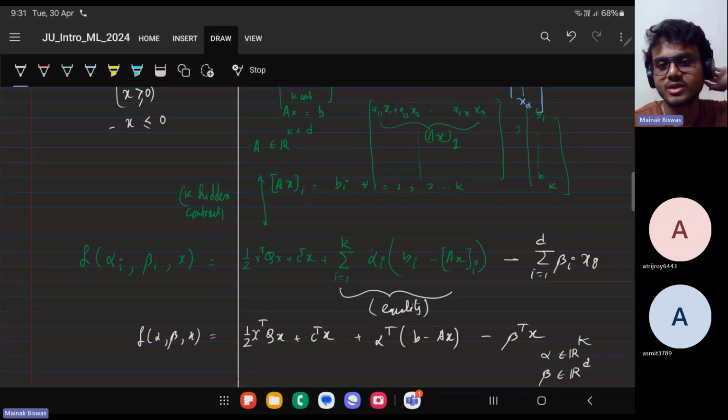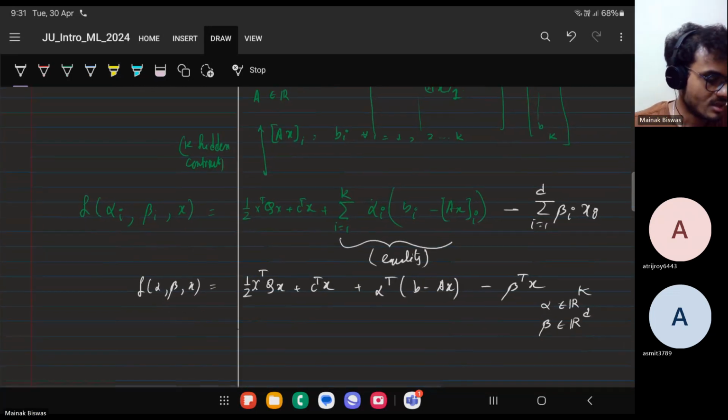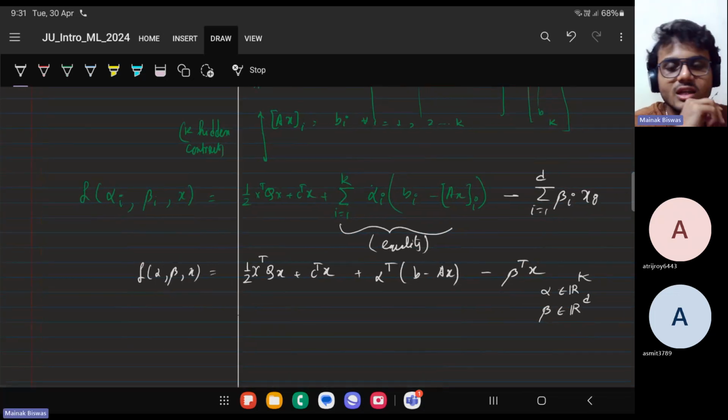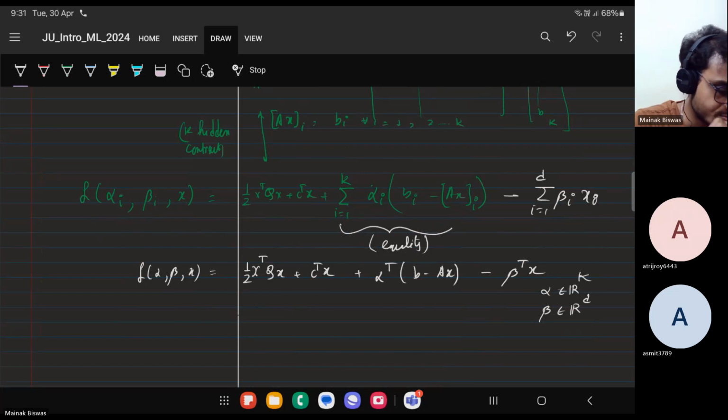Any questions? I'll just wait for a minute or two. Okay. So now I have got the entire Lagrangian set in front of me. Now I ask you the question, can I do this optimization? Can I solve this problem? What will you tell?